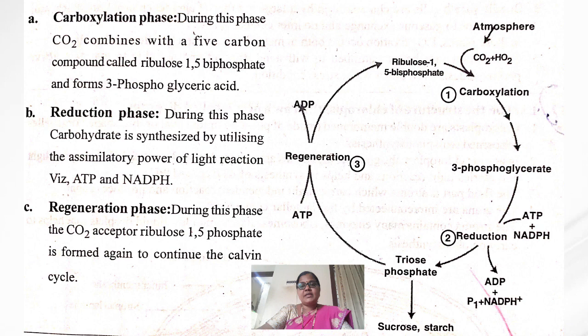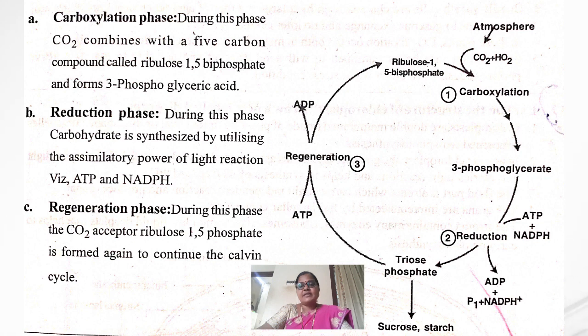So the Calvin cycle takes place in 3 phases: the carboxylation phase, the reduction phase and the regeneration phase. In the carboxylation phase, carbon dioxide combines with the 5 carbon compound ribulose 1,5 bisphosphate, and it forms 3-phosphoglyceric acid.